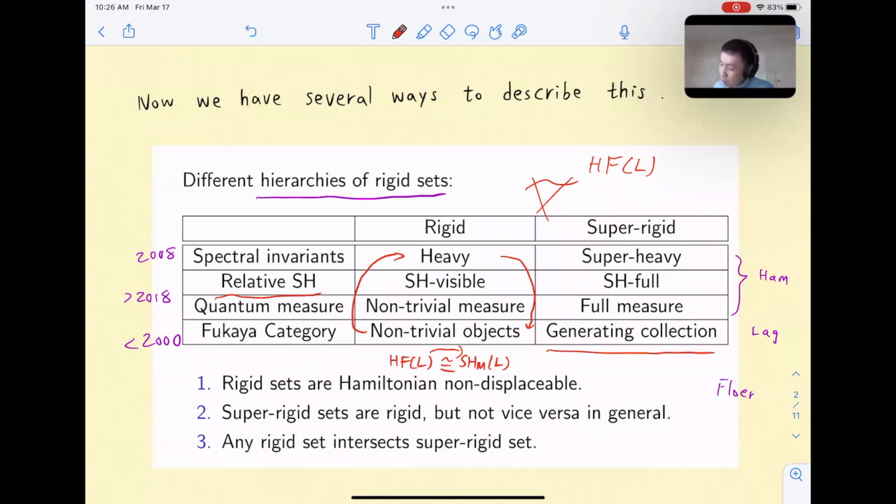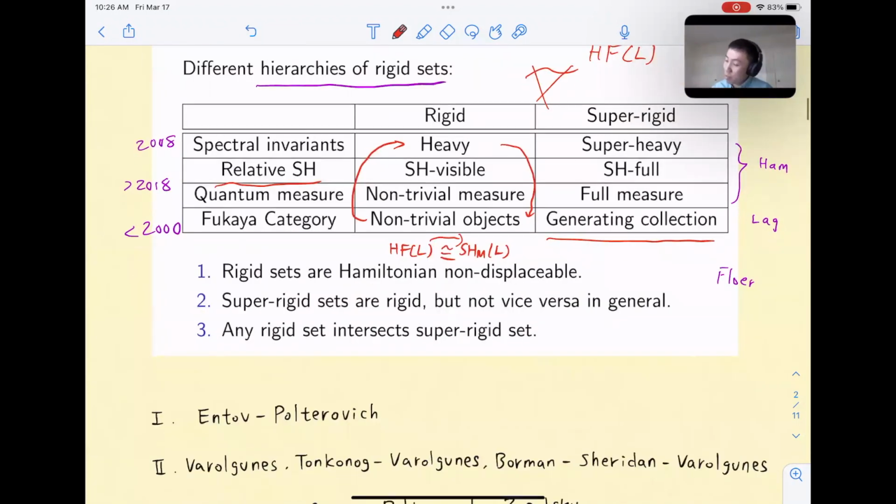But let me make some further comment on this. The difficult thing is that, suppose we have this L, in order to define this thing we're using Hamiltonians which are roughly zero on L and positive outside.